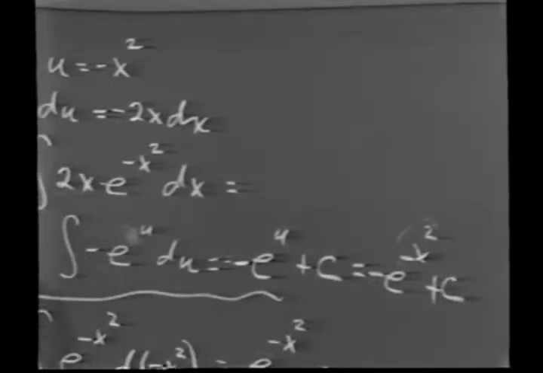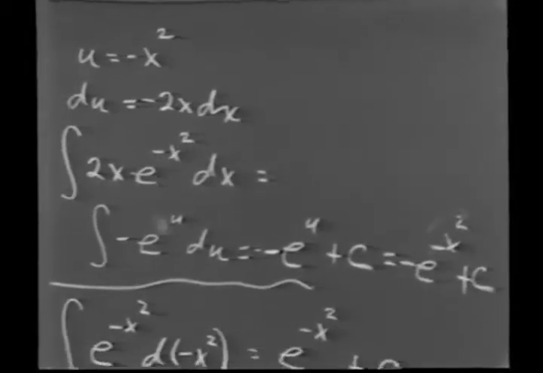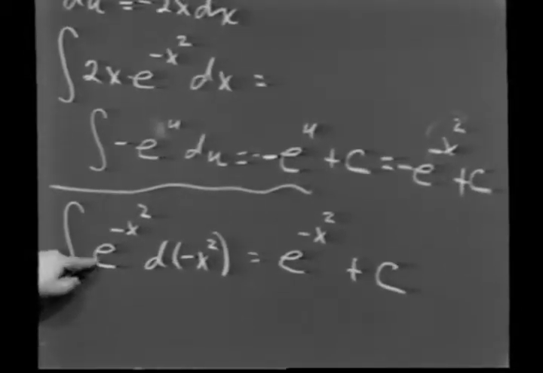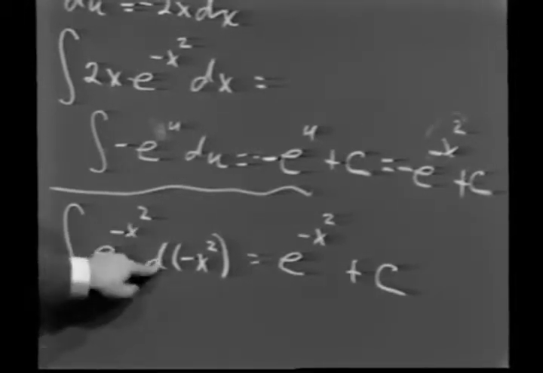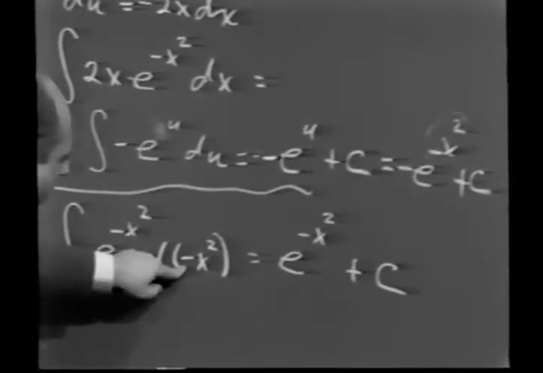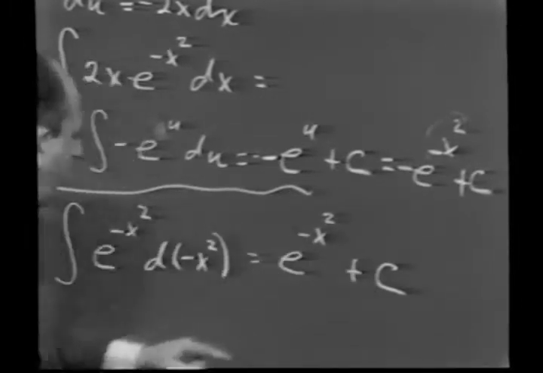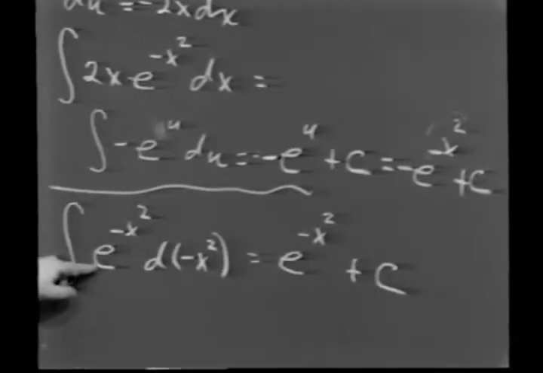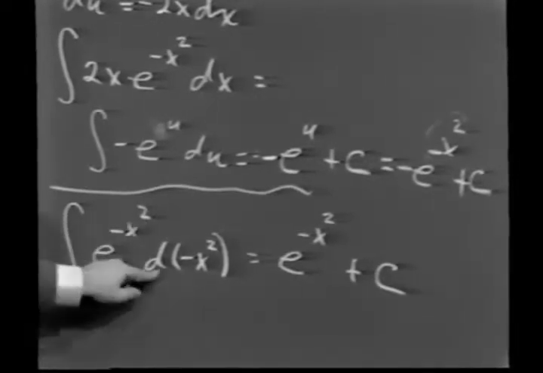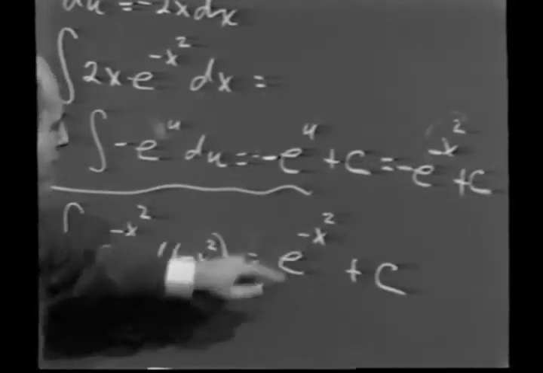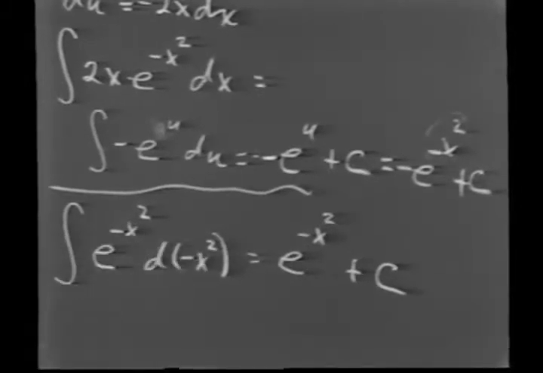If you want to see this in more concise differential notation, what we're saying is that the integral of e to some power with respect to that same power is e to that power plus a constant. In other words, the function that one would have to integrate e to the minus x squared with respect to, to wind up with e to the minus x squared, would be minus x squared itself.